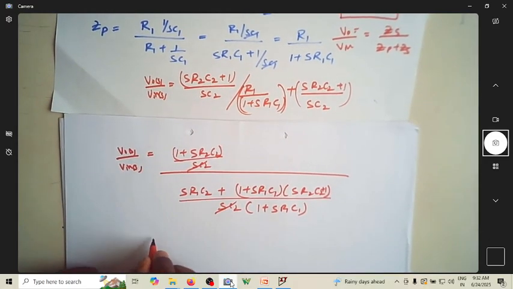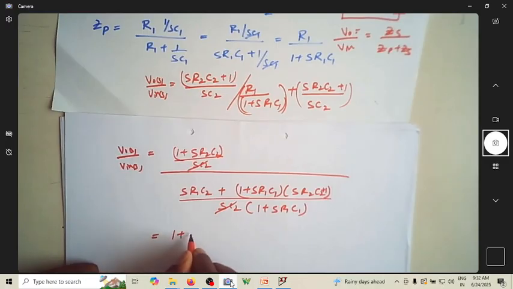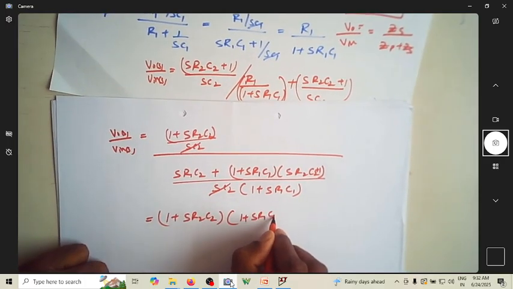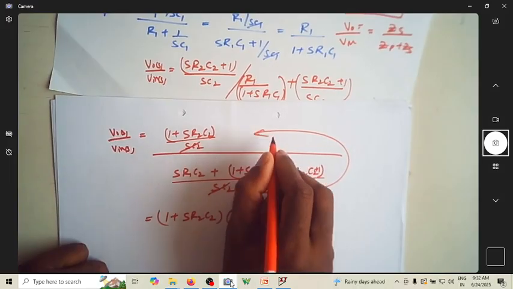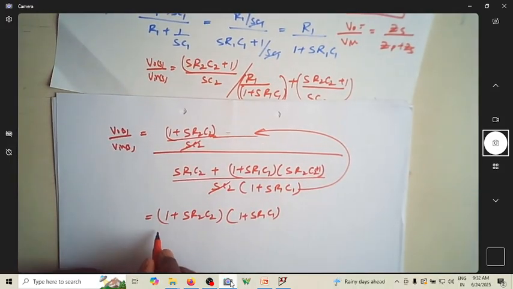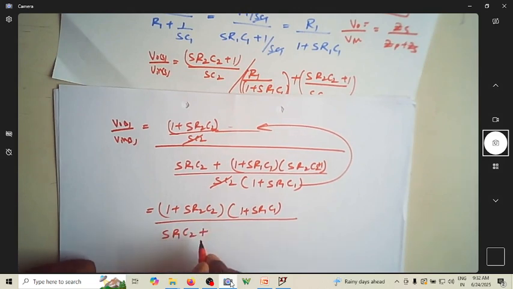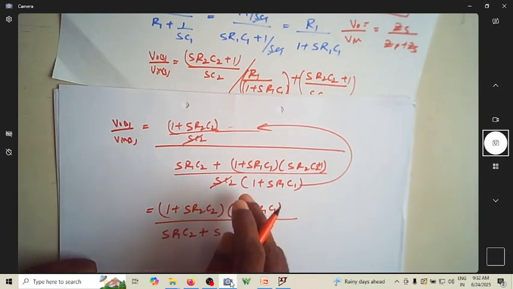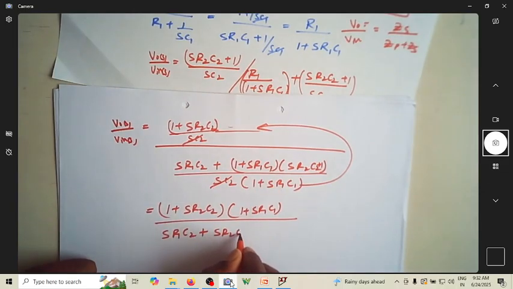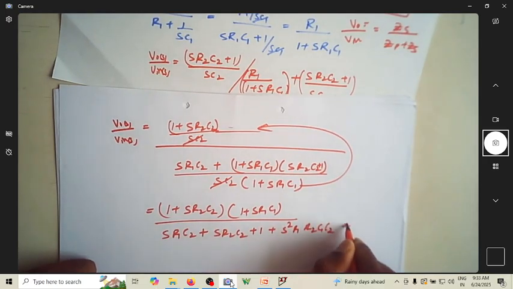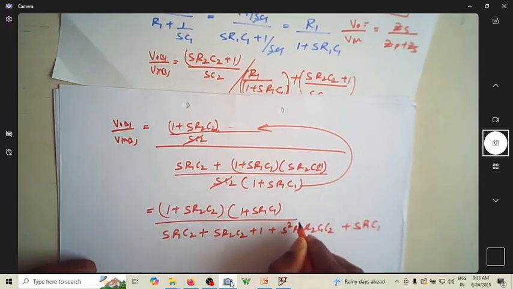This will get multiplied. So ultimately this will become 1 plus S R2 C2 into 1 plus S R1 C1, because this will go over here, divided by S R1 C2 plus S R2 C2 plus 1 plus S square R1 R2 C1 C2 plus S R1 C1.